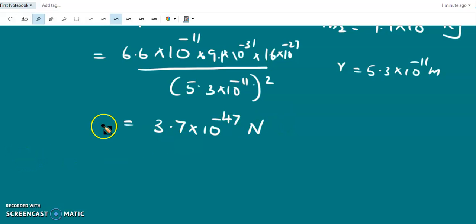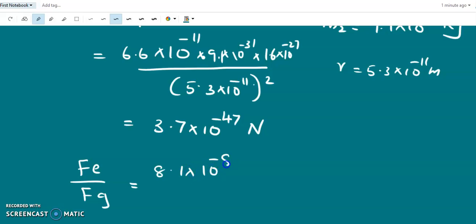Compare means we have to find the ratio of electric and gravitational force. So it's found to be some 8.1 into 10 raised to minus 8 Newton divided by 3.7 into 10 raised to minus 47 Newton.